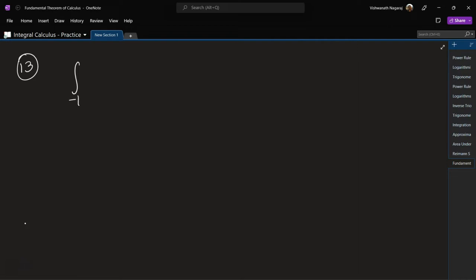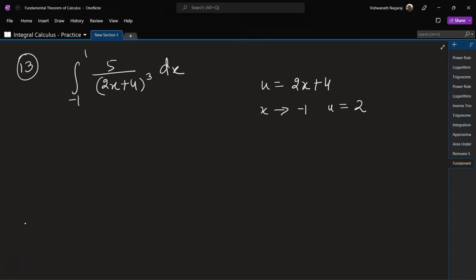A 13th one, integral from minus 1 to 1 of 5 by 2x plus 4 cube dx. Okay. Now what we can do is we can use substitution. U is equal to 2x plus 4. So here remember, whenever you are doing substitution, you have to take care of the limits as well. So as x goes to minus 1, u goes to minus 2 plus 4, that is 2.